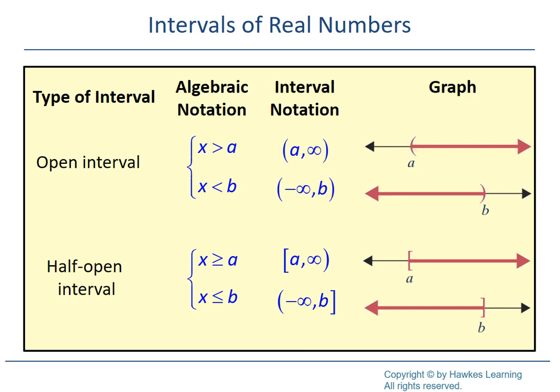And you should note that infinity is not a number. It's just that it expresses a concept of going out and never ending. So we don't know what number it is. So infinity always is related to a parenthesis. As we see here for positive infinity, parenthesis, and this end, a parenthesis for negative infinity.